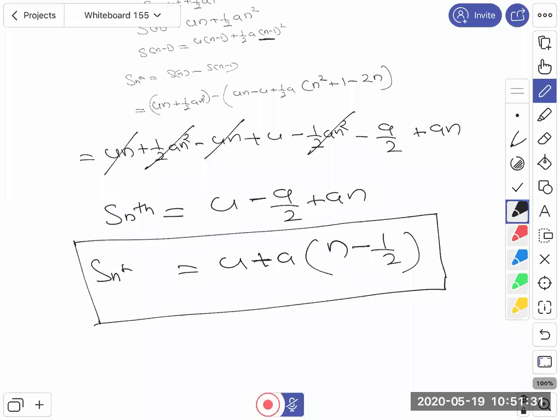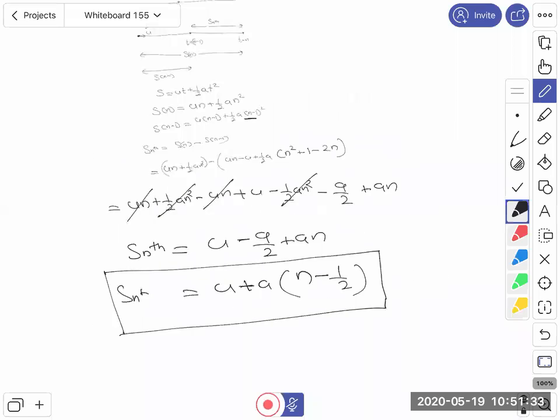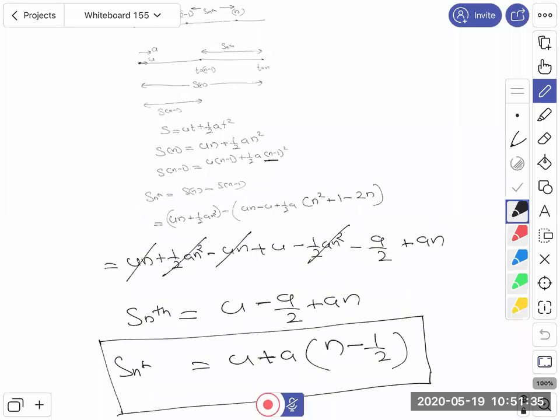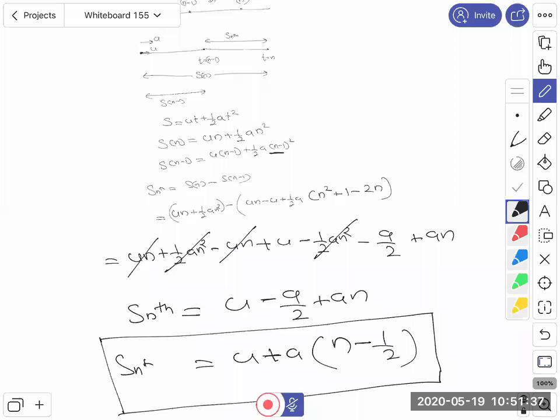Yes. So just write down this one. Write down displacement in the nth second is equal to displacement in n seconds minus displacement in n minus 1 seconds.